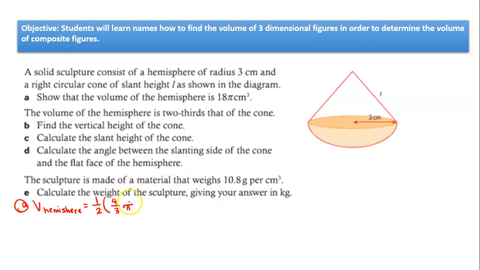We know the radius in this case is 3, so pi times 3 cubed. Like I said, 4/3 pi r cubed is the formula for a whole sphere. We're doing a hemisphere, so that's going to be half of that. Put all that into a calculator, and I'm going to keep pi in my answer, and get 18 pi.